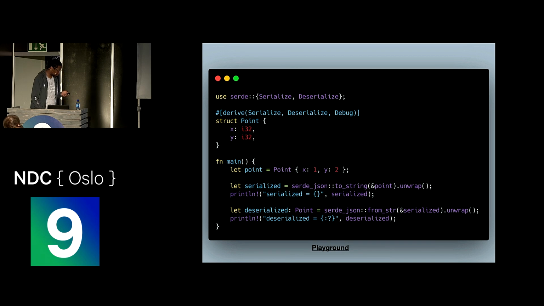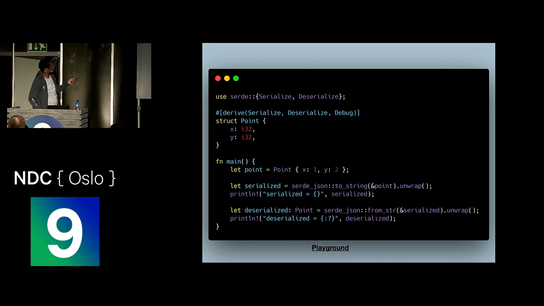So here we have this struct. And by simply annotating these traits over here, so simply saying they should have this behavior, we are able to define a way to have serialization and deserialization into JSON.